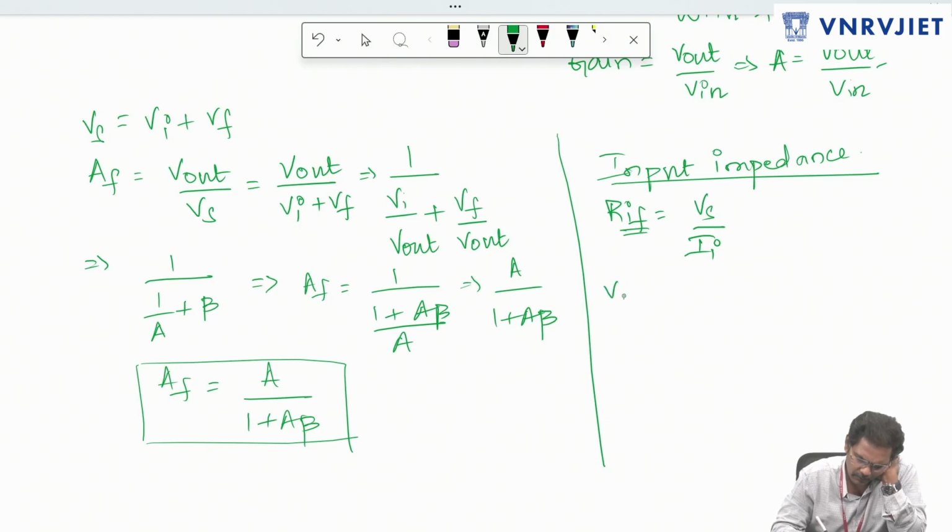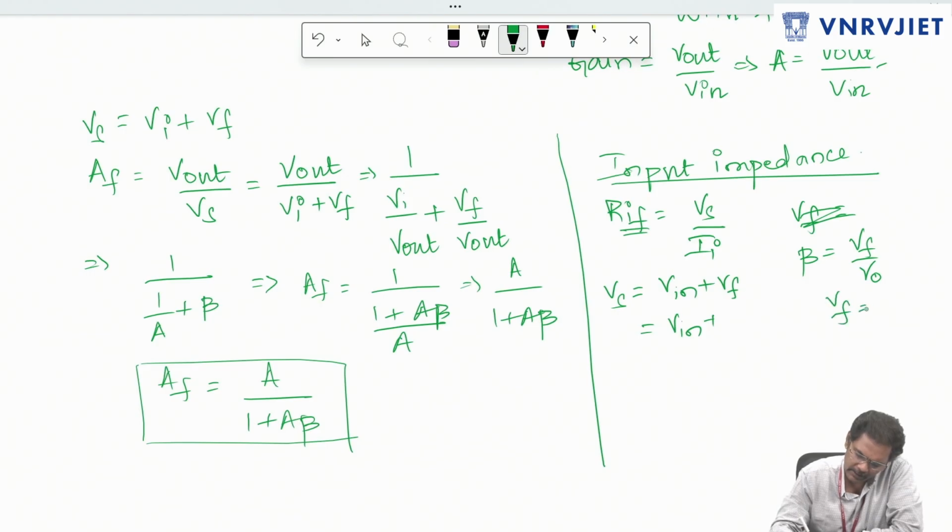Now Vs value we have just got as Vin plus Vf, right? I'll retain the Vin as it is. Instead of Vf, we know that beta is the feedback parameter, beta is Vf by Vout. So based on this I'll write Vf is equal to beta times Vout.